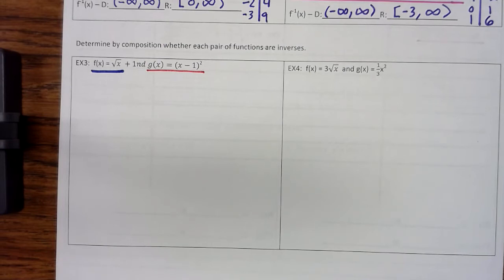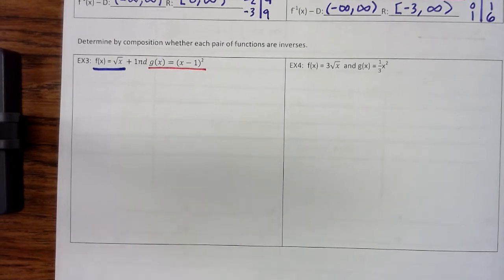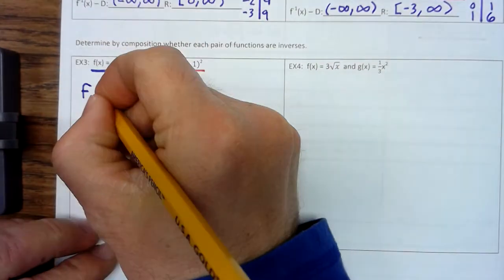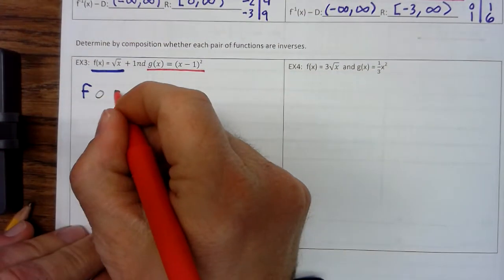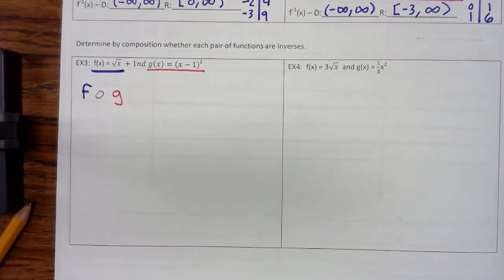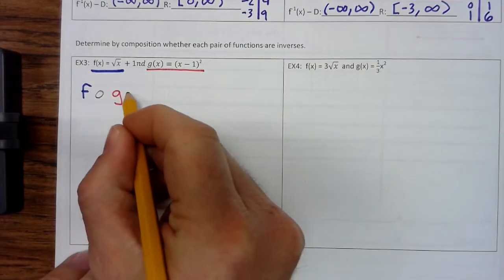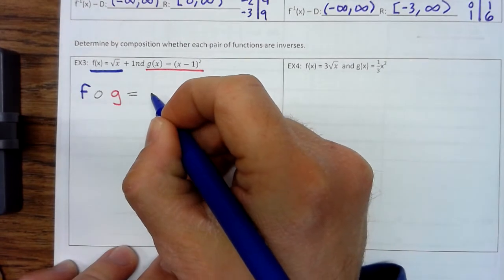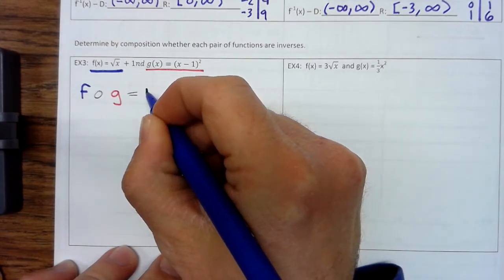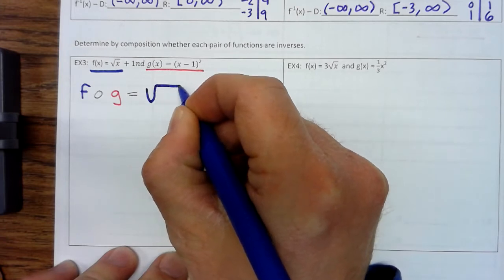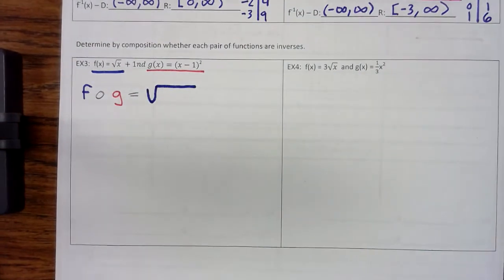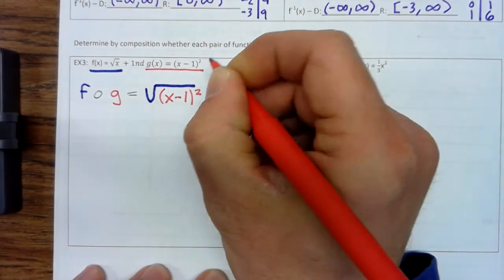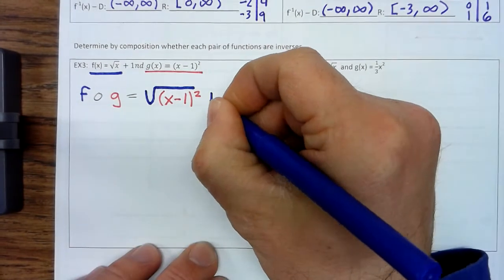So we're going to do f of g of x, so that's the square root of x minus 1, squared, plus 1.